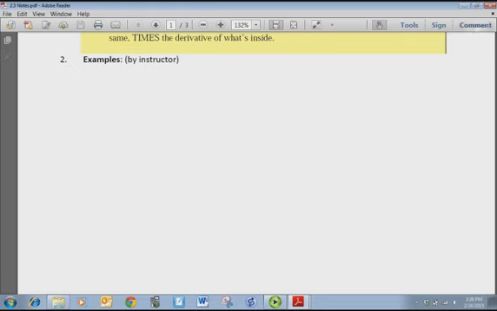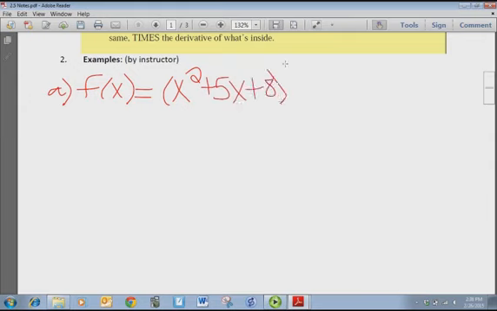Alright, so suppose we have the function f of x equals x squared plus 5x plus 8, all to the second power. Now we could square that out, but we probably don't want to because it's much easier to use the chain rule.